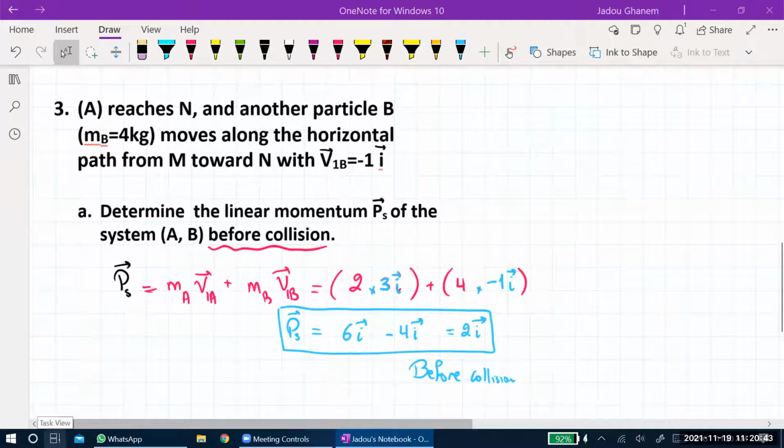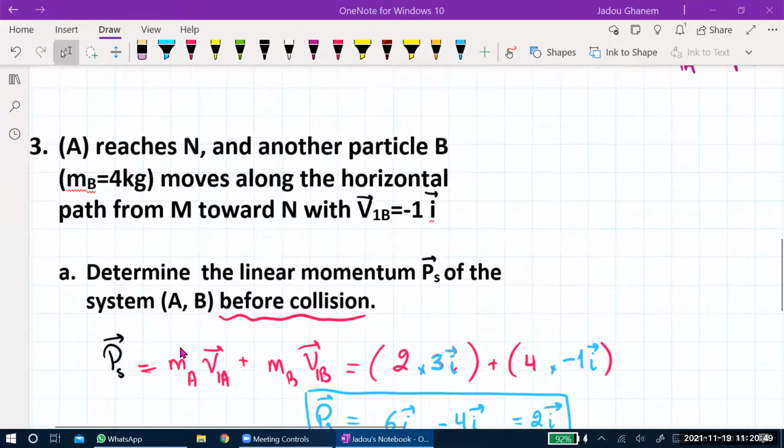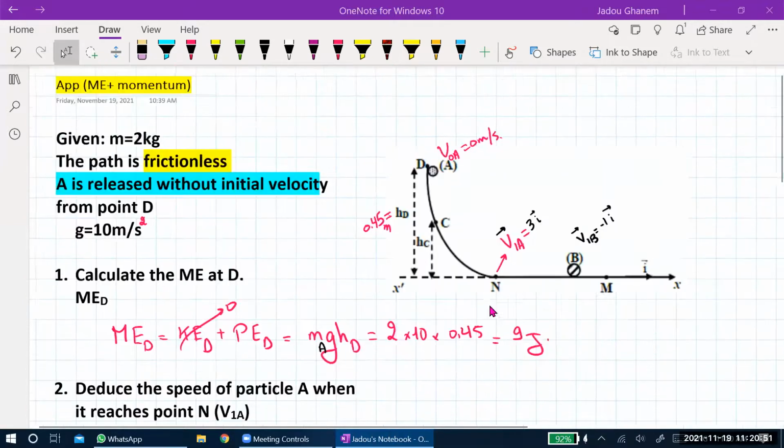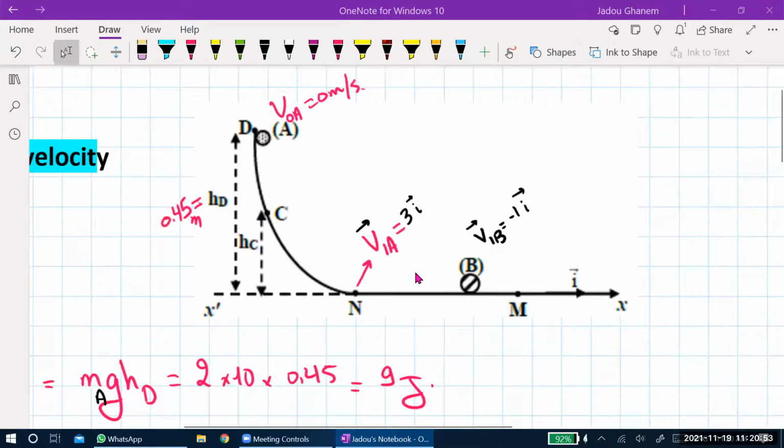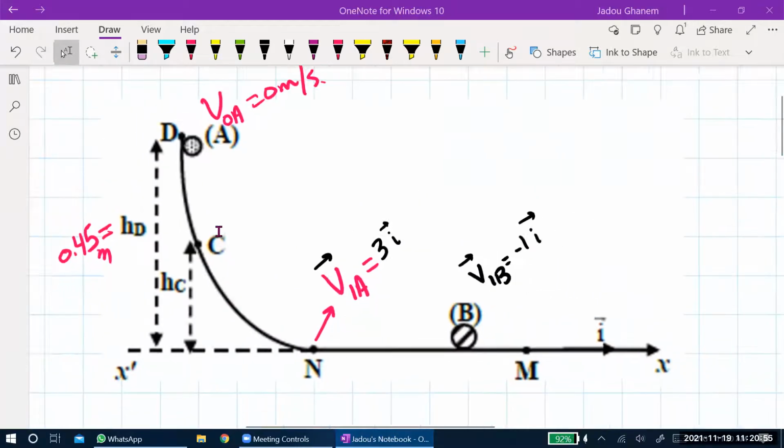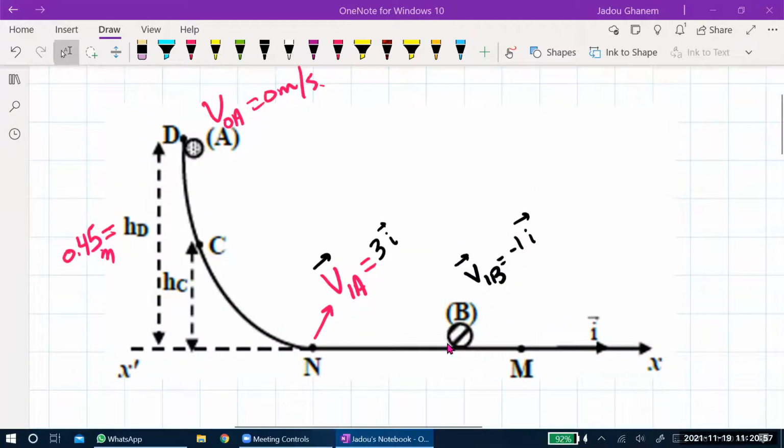Perfect. Let me just repeat what we did from the initial part till now. For those who just entered, simply, we said that we have here two particles, particle A and particle B. Initially, particle B is moving backwards to the left direction along this direction, while A is just rolling downwards along this path.